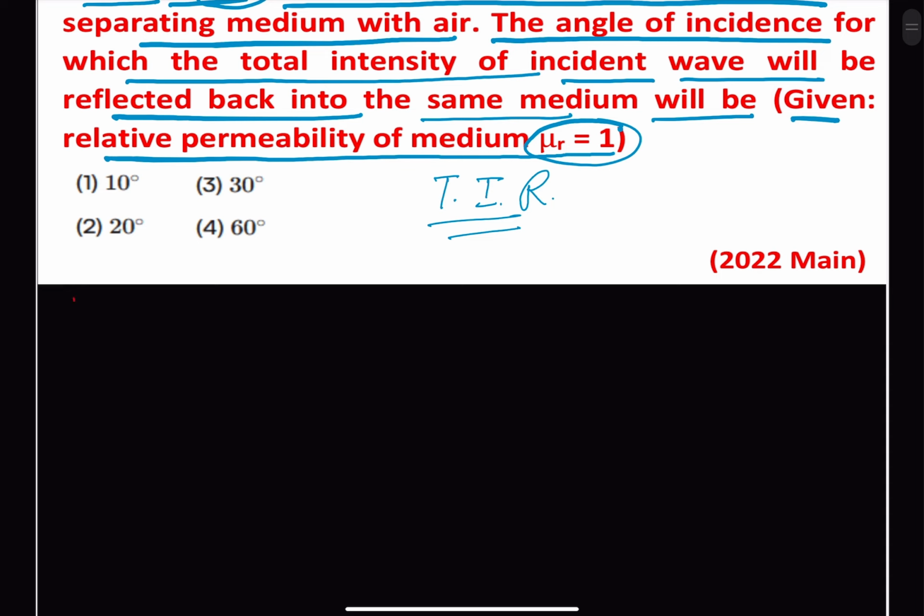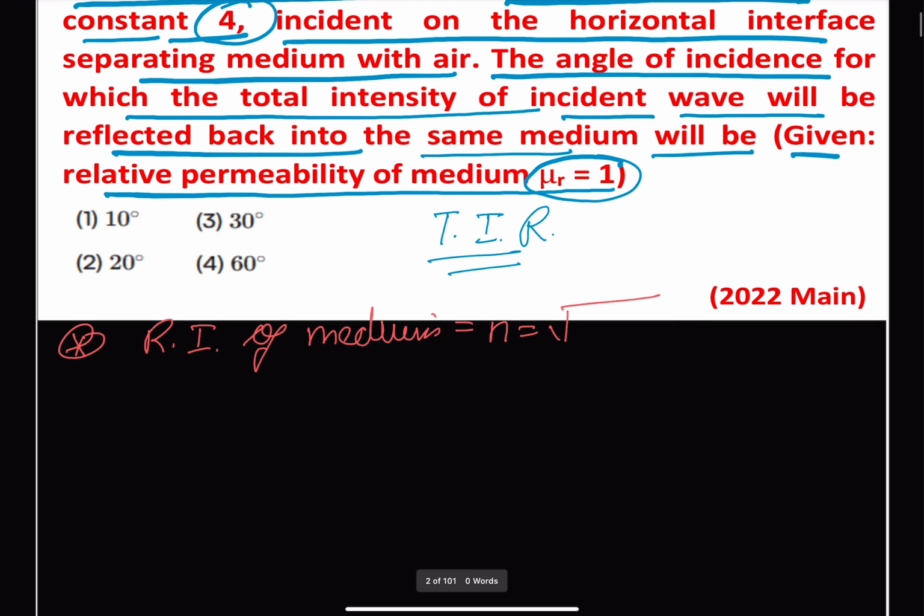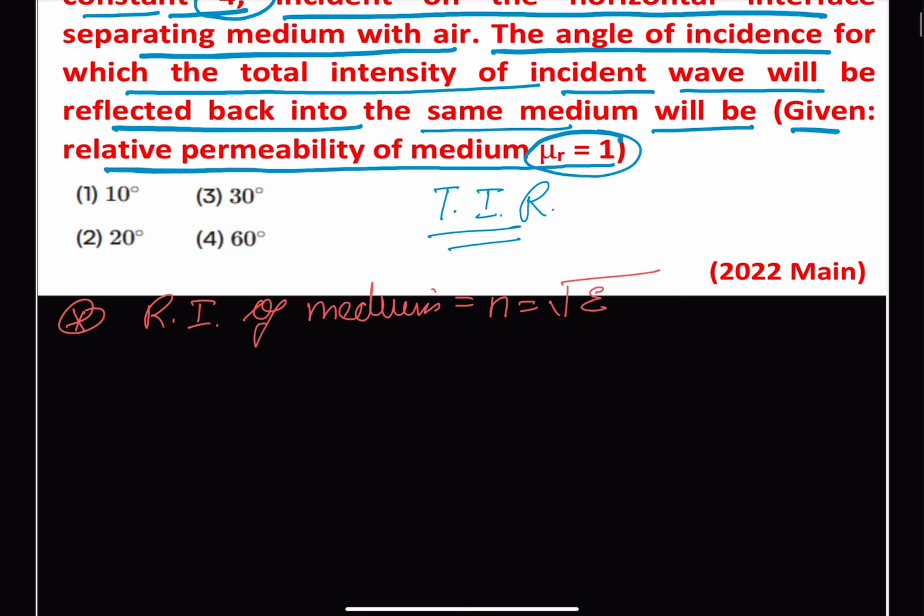So we can say that the refractive index of the medium, suppose given as n, will be the square root of the product of our dielectric constant, epsilon r, and relative permeability, mu r.